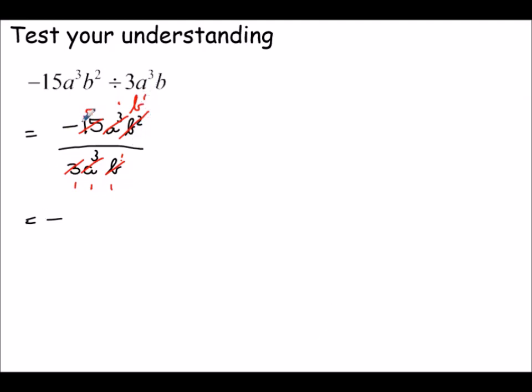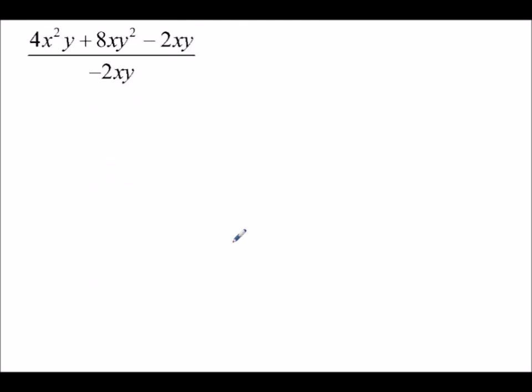So the answer here is 5 multiplied by 1 multiplied by b to the 1 will give me 5b over 1. You can go straight to the final step. If you see all of these are 1s, you know that you have no denominator, so that will be 5b. Last one.